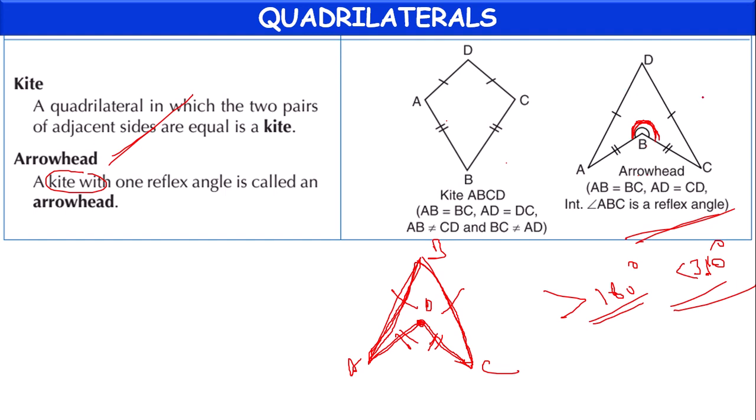Because it looks like an arrowhead. An arrow will be looking like this. That's why it is called an arrowhead. So arrowhead is an example of a kite with one reflex angle.